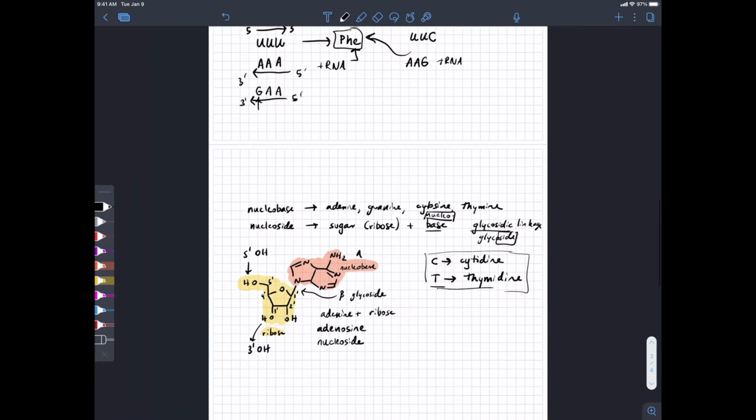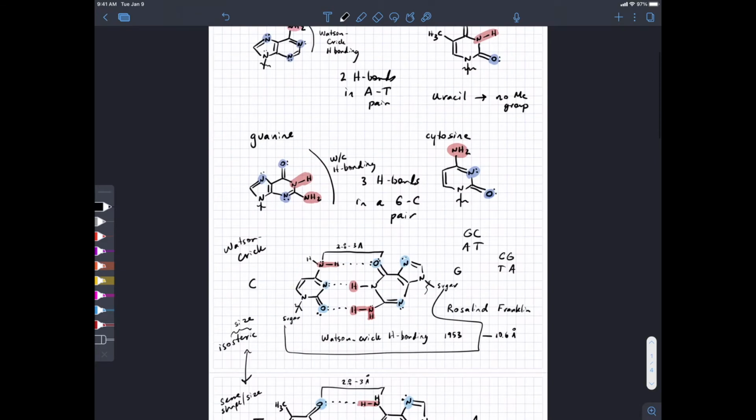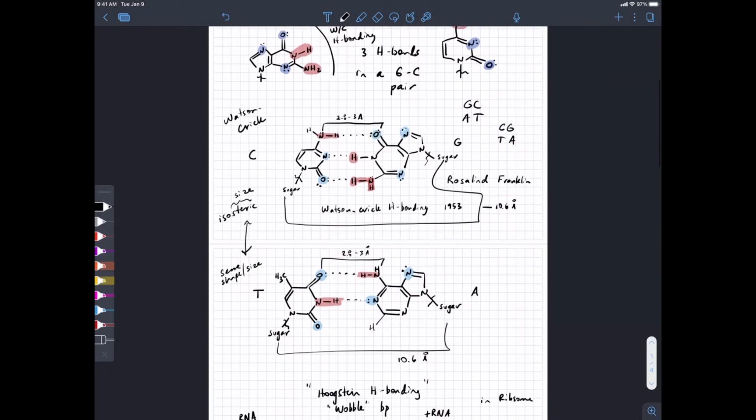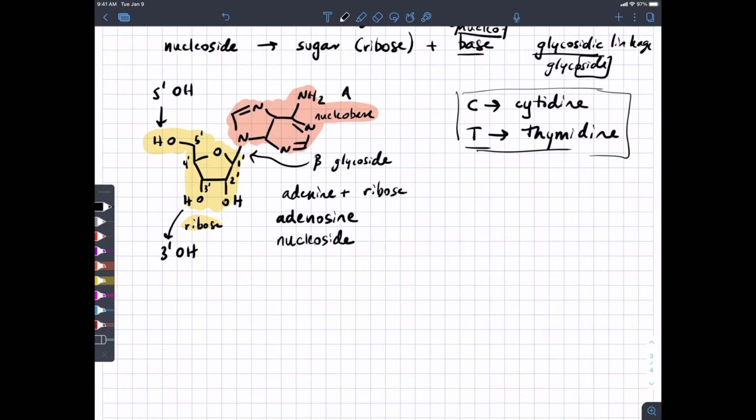Notice that the name of the C nucleobase is cytosine, which makes it sound like it ought to be a nucleoside, but it's not. That's the name of the base. I promise you I didn't make this up, but this is what people talk about. Cytidine is the nucleoside. Thymidine is the nucleoside. These are the pyrimidine nucleosides.